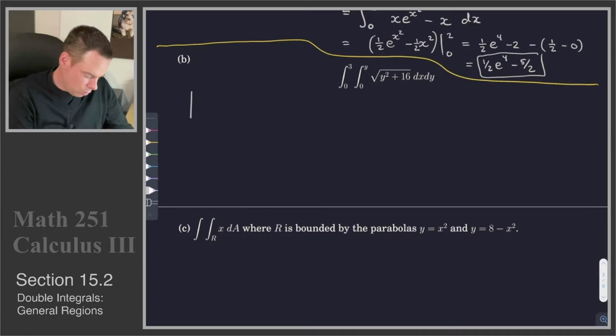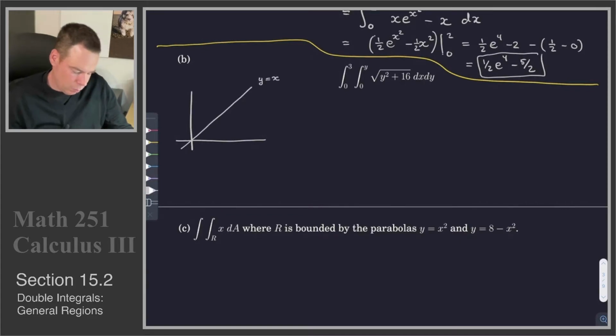Let's sketch the region that we are integrating over. So what we have is x going from 0 to y. That means we are interested in the line y equals x. And we have y going from 0 to 3. So if I notch off 3 units up here, then y is going from 0 to 3.